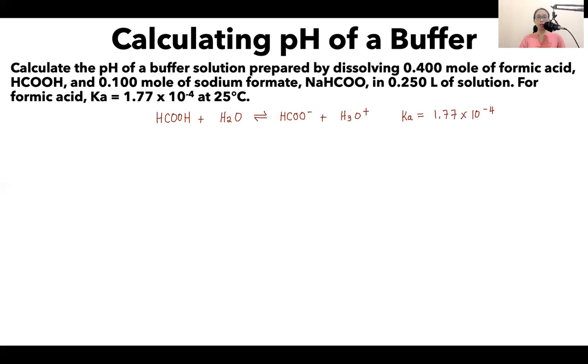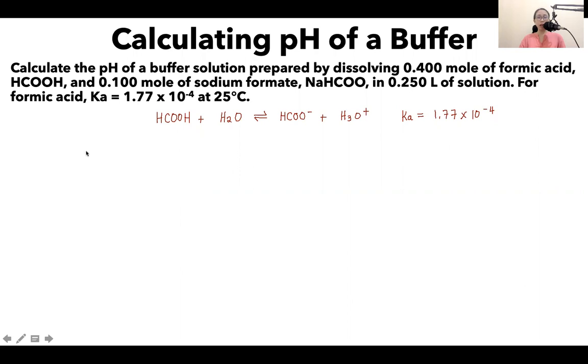So salts completely dissociate. Therefore, whatever the concentration of the salt is, that will be the concentration of our conjugate base. Again, this is a buffer, so we will be using the Henderson-Hasselbalch equation.